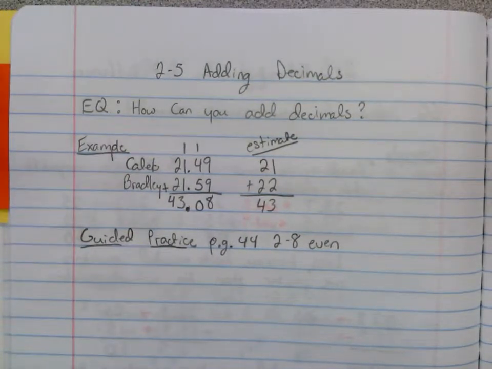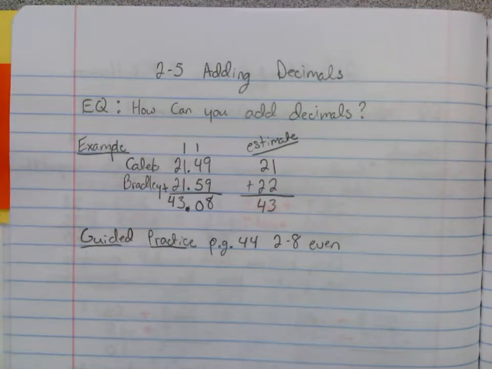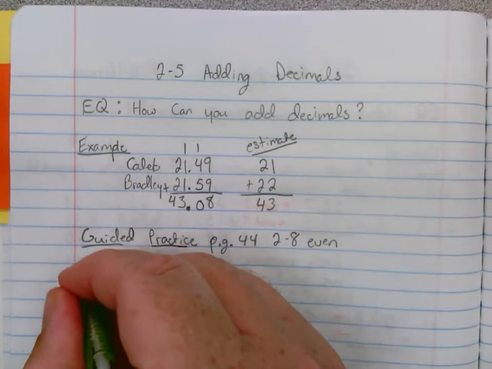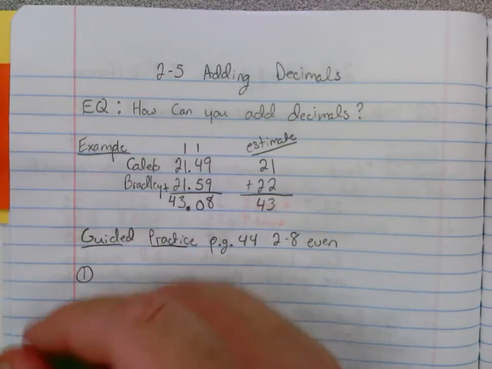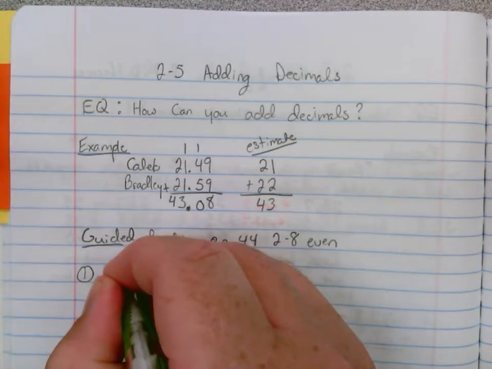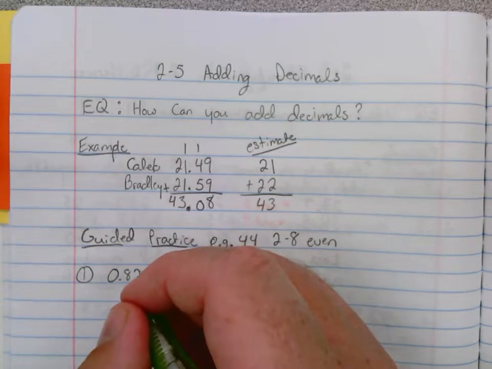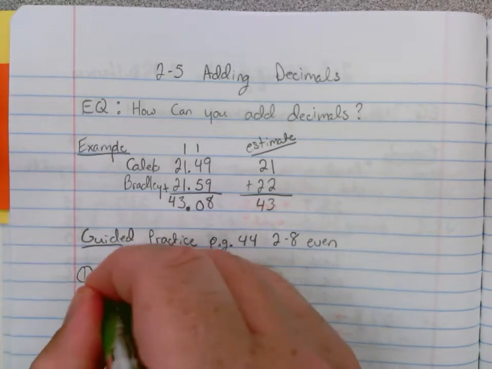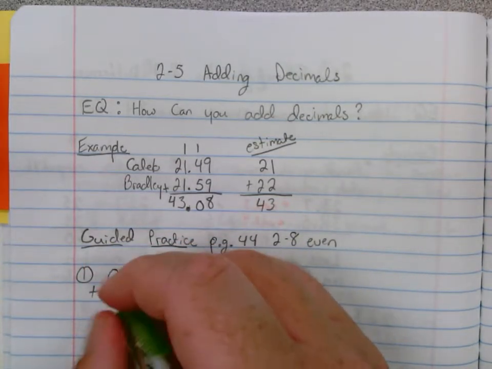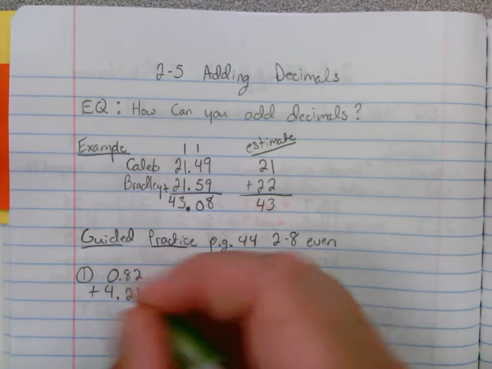I'm going to do number 1 and 3 as an example to show you what I expect. So number 1 is 82 hundredths plus 4 and 21 hundredths.